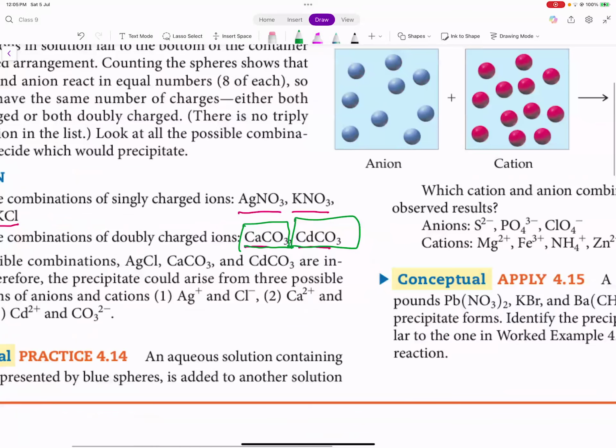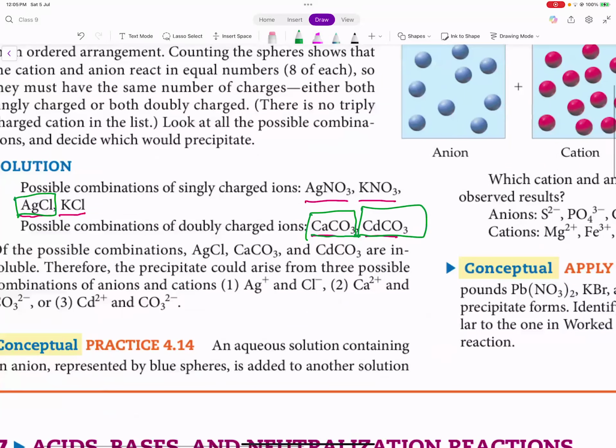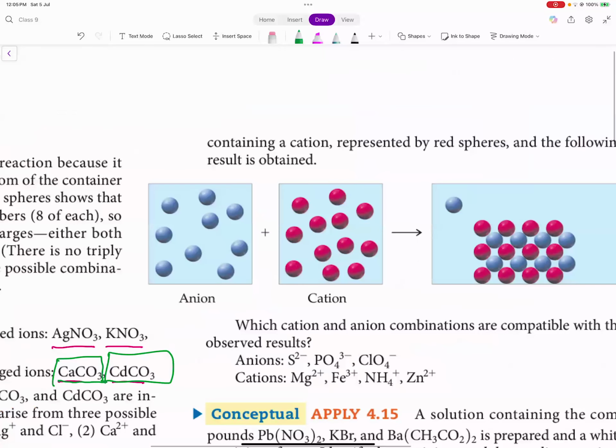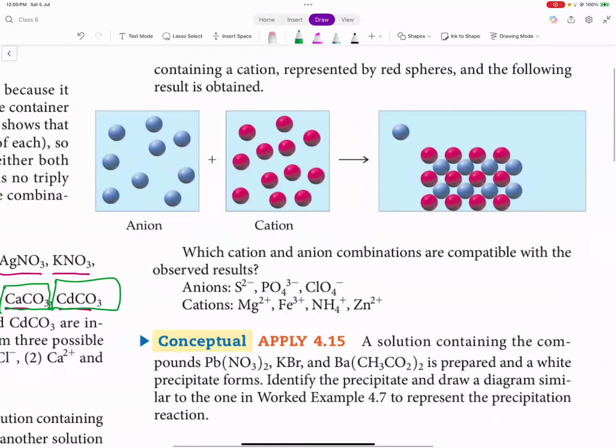Now, the next question: an aqueous solution containing an anion represented by blue spheres is added to another solution and the following result is obtained. So which cation and anion combinations are compatible with the observed results? So here again we can see 2, 4, 6, 8. 8 is to 12, this is the ratio. Blue spheres are anions.